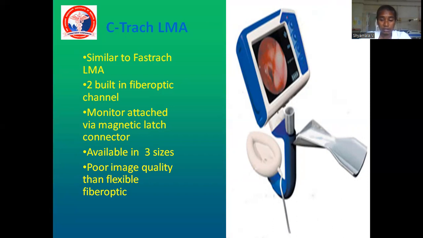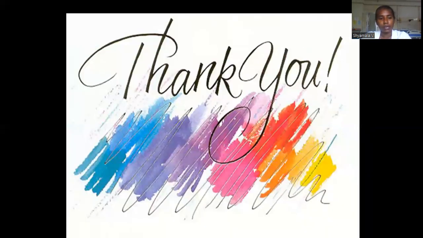Then you have to auscultate whether you are able to hear air entry in both lungs and there should not be any air entry into the stomach, epigastric region. If so, then it is in the correct position. Okay. Then C track LMA has so many newer advantages. Okay. Yeah. Thank you.